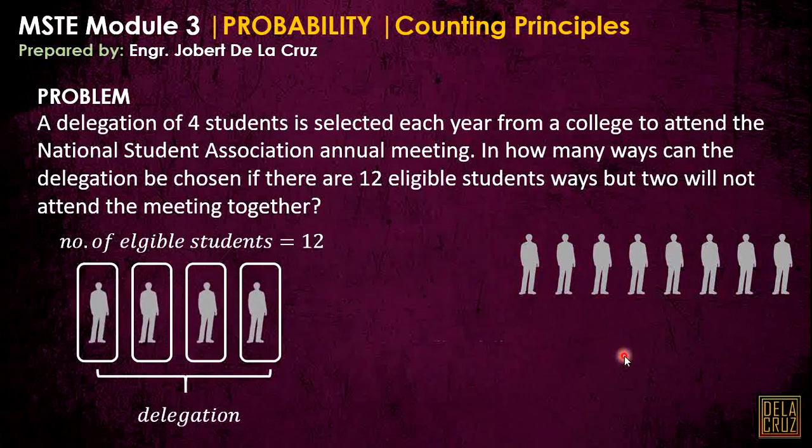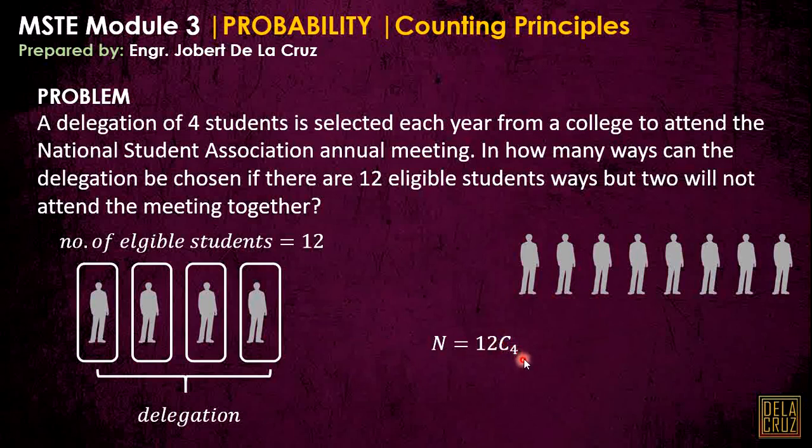Okay, so to get this 4 without restriction, again, technique, kukunin natin yung arrangement without restriction. That should be 12C4. Okay, this is combination by the way because this basis is hindi about the identity of each person. Our basis dito is about they are qualified, as a delegation. That is the concept dito. I hope you don't misinterpret this.